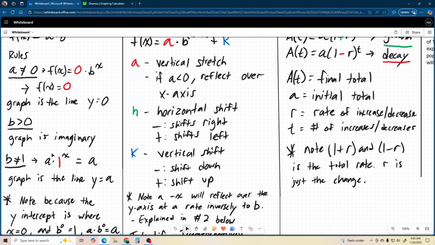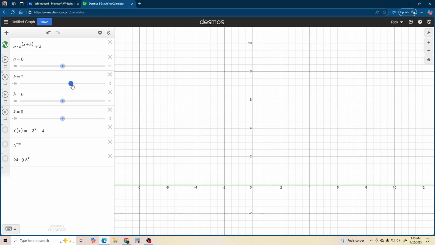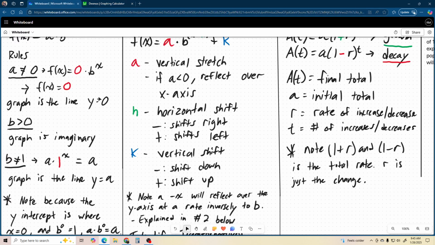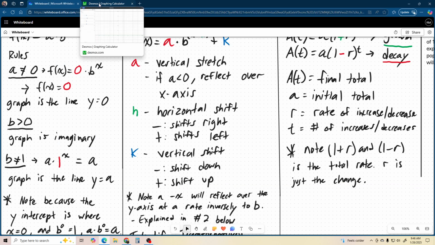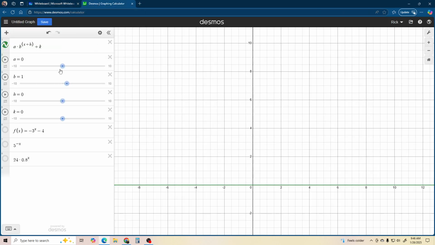All right, the last rule is that b cannot equal 1. And I'll show you what happens if b equals 1. You notice here we still have a line. The reason why b cannot equal 1 is because we have to change a back to 1 here.